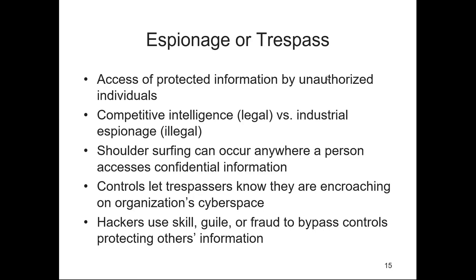Instances of shoulder surfing occur at computer terminals, desks, ATM machines, public phones, or other places where a person is accessing confidential information. The threat of trespass can lead to unauthorized real or virtual actions that enable information gatherers to enter premises or systems they have not been authorized to enter.